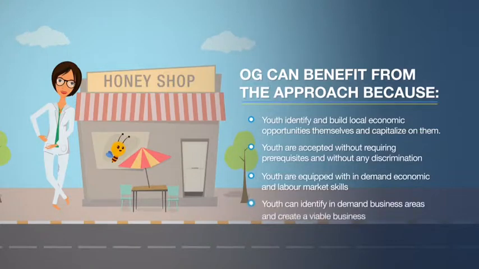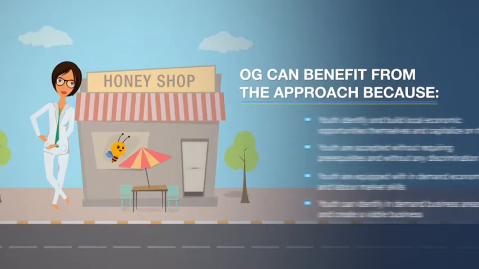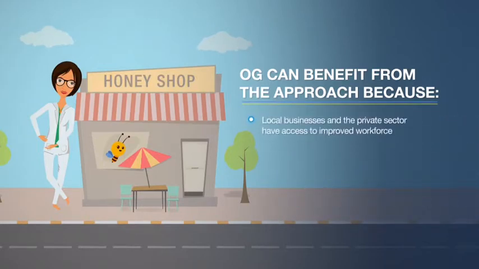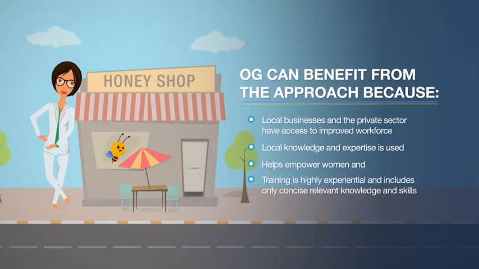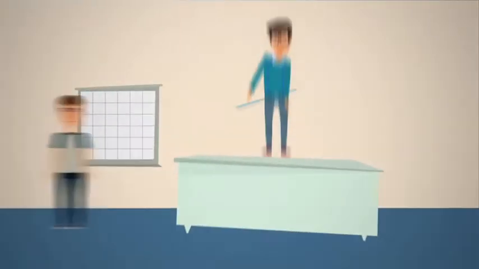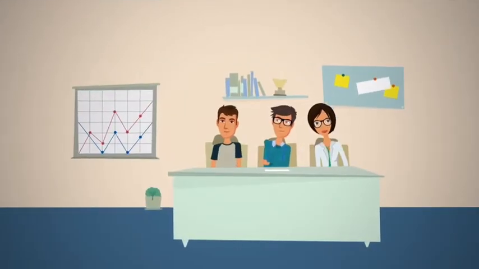Youth can identify in-demand business areas and create a viable business. Further, local businesses and the private sector have access to improved workforce. Local knowledge and expertise is used, helps empower women, and training is highly experimental and includes only concise, relevant knowledge and skills. Dawn, you provided me a very thorough explanation of the approach.